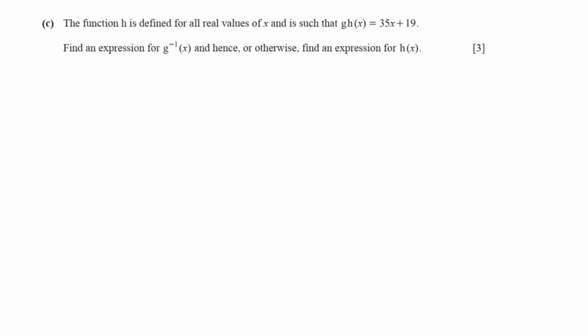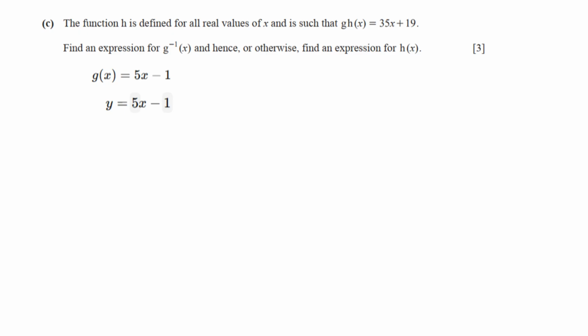Next part of the question, here gh of x is given. Find an expression for g inverse of x. Okay, we know g of x is 5x minus 1. Let's take this as y. y is equal to 5x minus 1.